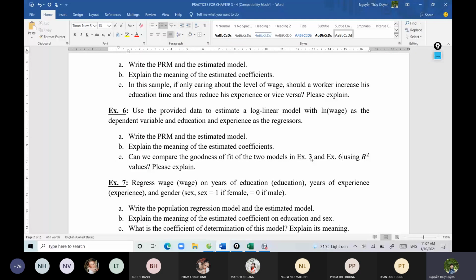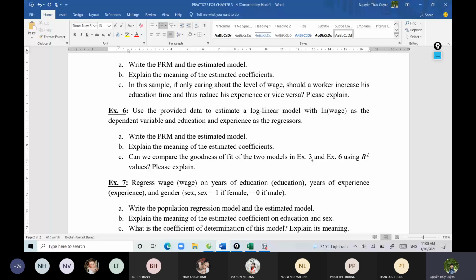Also, we do not use R-square to compare the goodness of fit between models with different numbers of independent variables. As we said about the weakness of R-square, it is an increasing function of the number of independent variables in the model, so it is not fair.